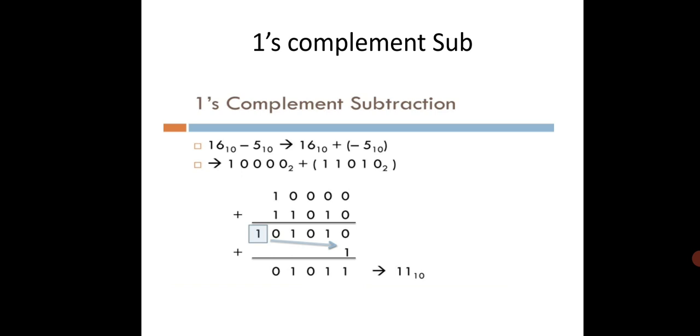So 0 plus 1 is 1. Again 1 0 1 0. So the decimal is 11. So 16 minus 5 is 11. So in this way you have to follow the 1s complement subtraction method.